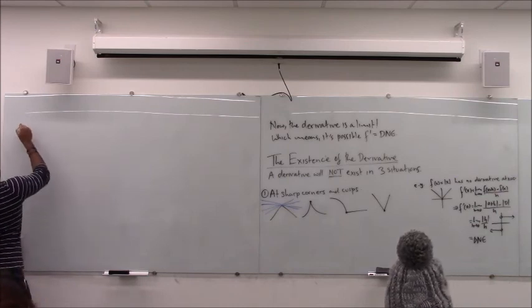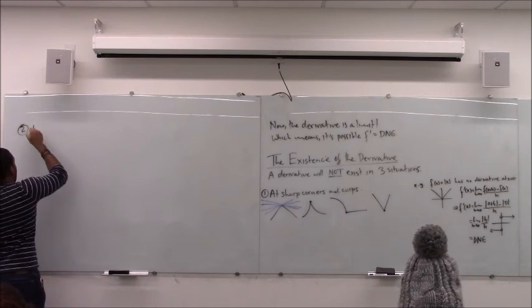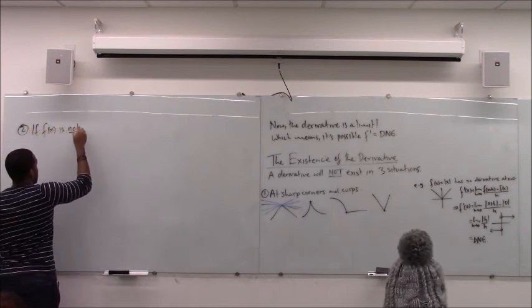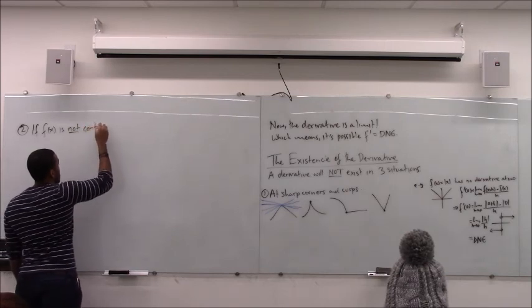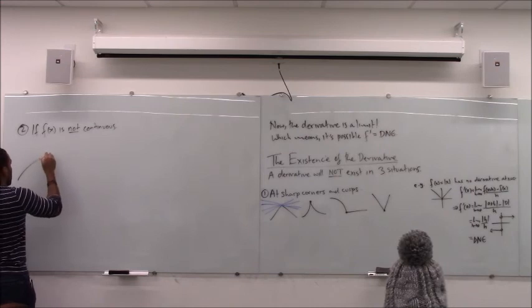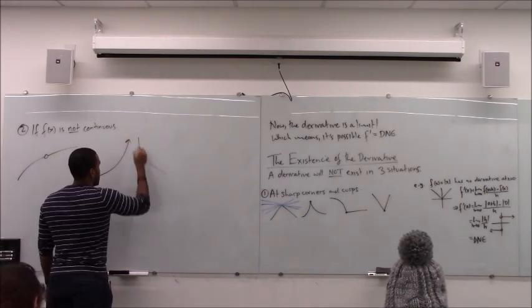Second situation. This one is actually a little more obvious. If f of x is not continuous. So if you have a function and there's a hole, or like there's an asymptote, vertical asymptote.